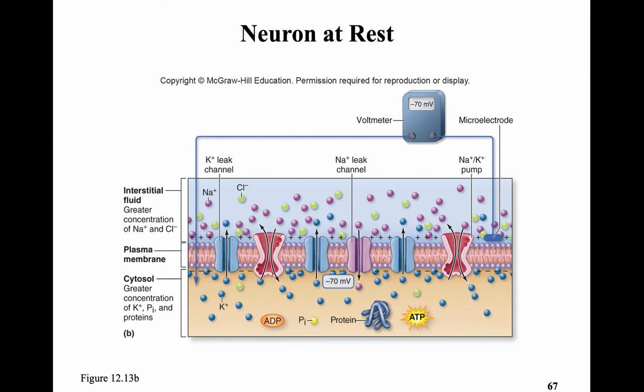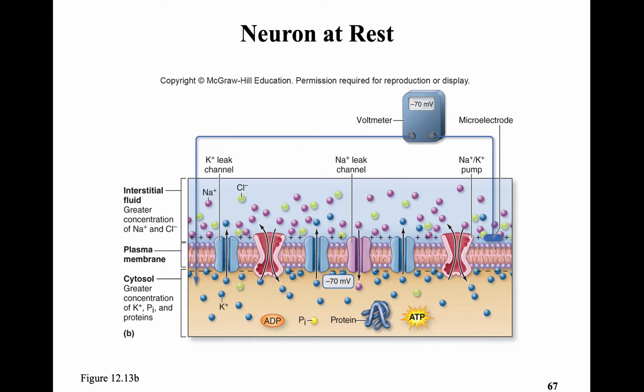That's because at rest the outside tends to be positive because of sodium. Now the inside tends to be very much negative at rest. That's why it says minus 70 millivolts there, because the inside is so negative.